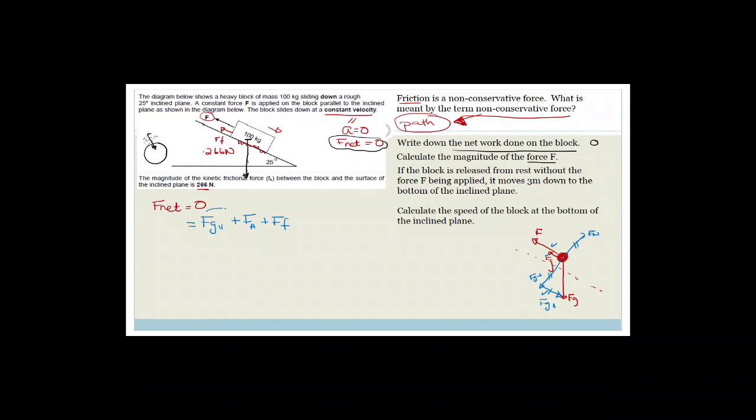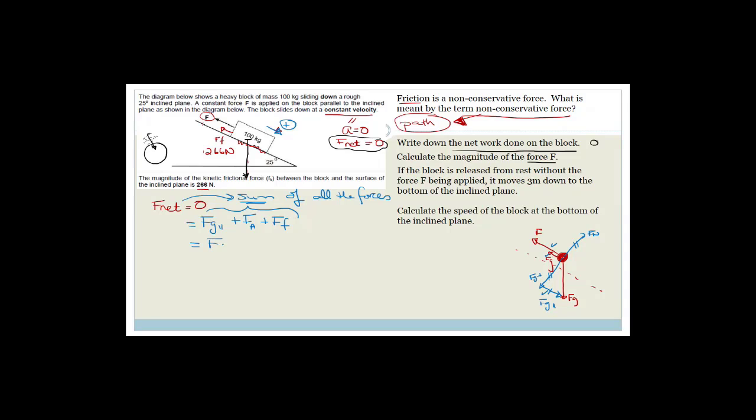Now, again, I hear somebody screaming about the fact that some of these are in the opposite direction, so how dare I do pluses? But the definition of a net force is the sum of all the forces. So if you don't like writing it like this, you need to show that it's the sum of all the forces, and what you can do is say right at the beginning, let the direction that we call positive be down the slope.